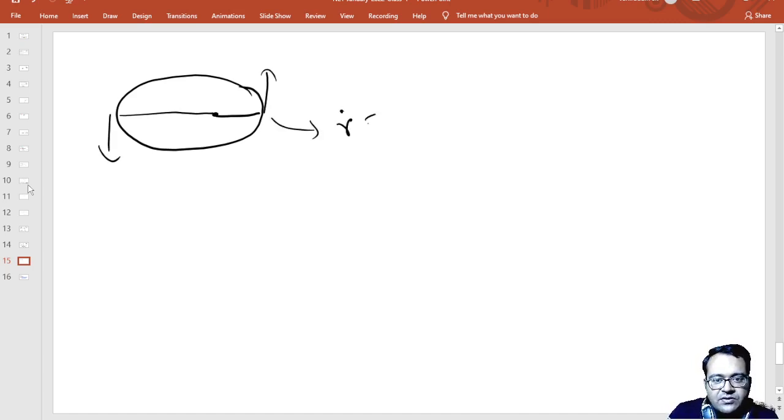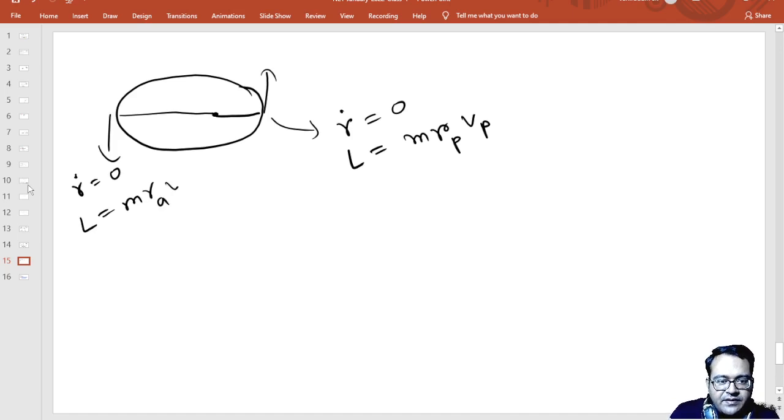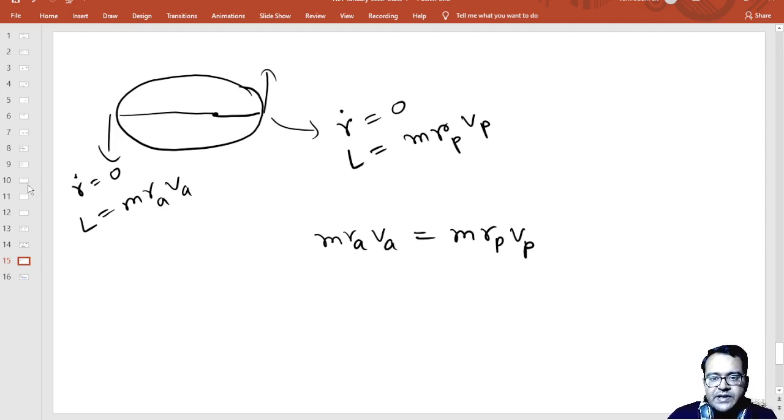Here r dot equals 0, so your L is m r p v p. Here also r dot is 0, and L is m r a v a. This m r a v a is always m r p v p. So these are always to be equated. So examples you will see there.